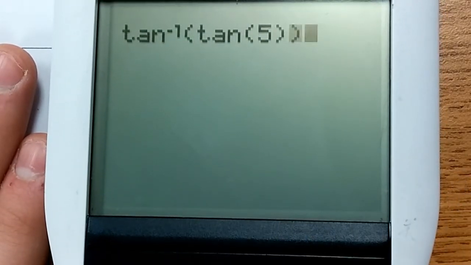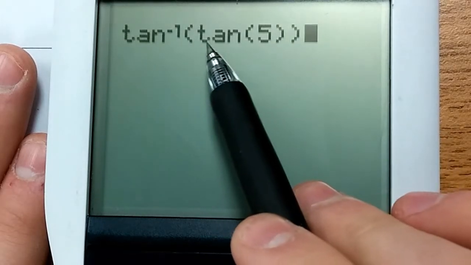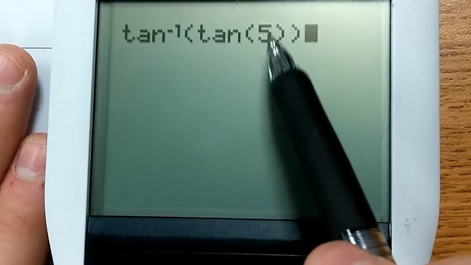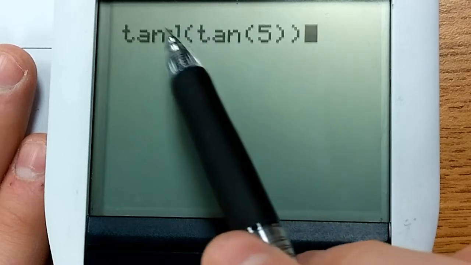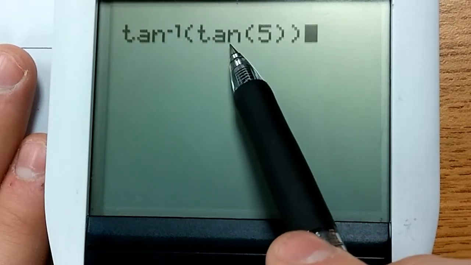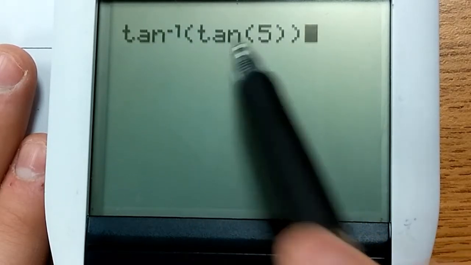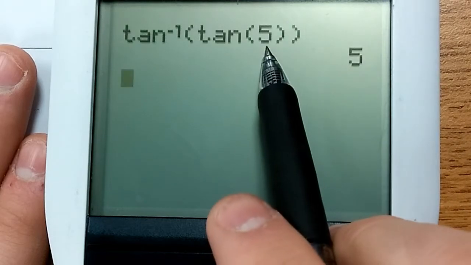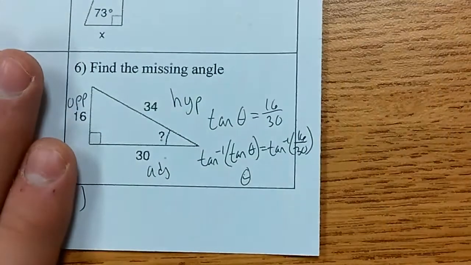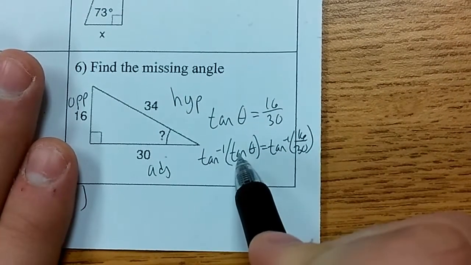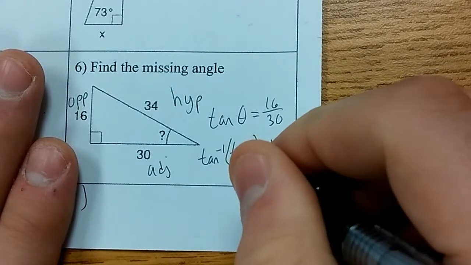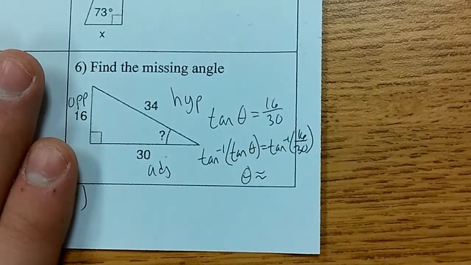I'm making up a number. You press enter here, the calculator is going to evaluate tangent of 5, then it's going to do the exact reverse of what I just did. So this is going to undo the original function. What happens here is you're left with 5. Same thing here. If I have inverse tangent of tangent theta, that's going to be equal to just theta.